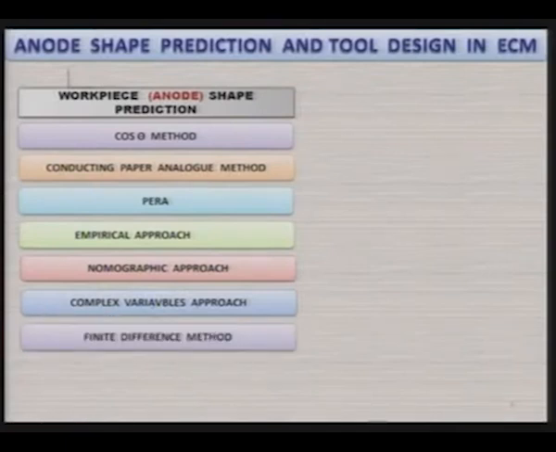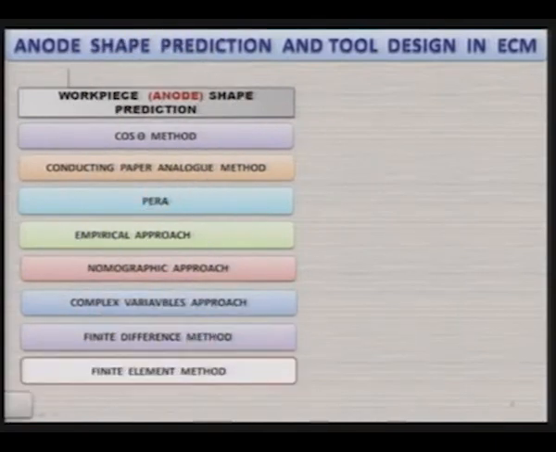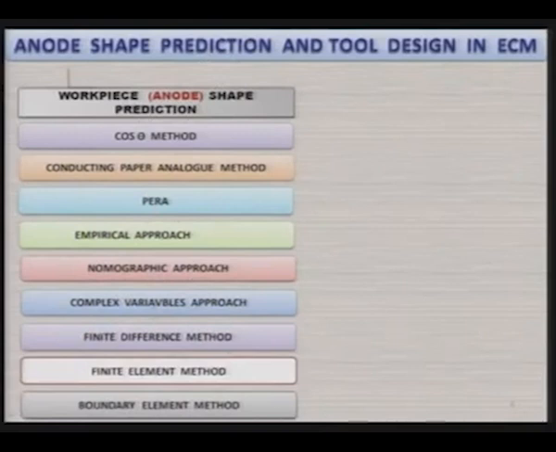Later on, some of the researchers who had an interest in numerical analysis approaches proposed the finite difference method, finite element method, and finally the boundary element method was also proposed by a couple of researchers from England. The finite element method was proposed from India by Jain and Pandey, and the finite difference method was proposed again from England by a group of researchers, which includes C.F. Noble.